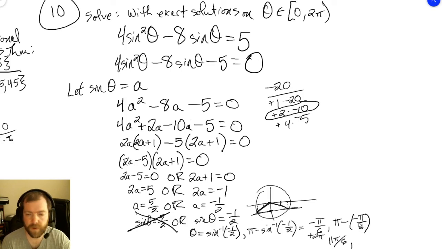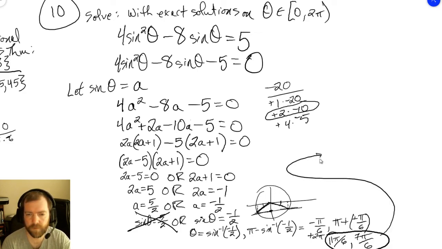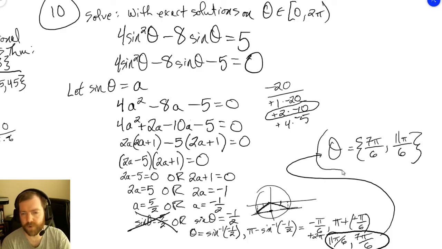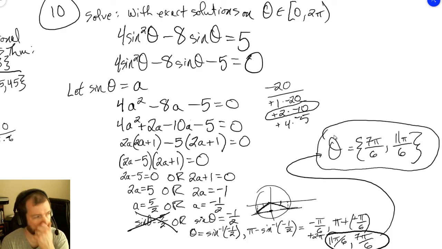Or pi minus negative pi over 6 is going to be adding. Pi plus pi over 6 is going to be 7 pi over 6. So 7 pi over 6, 11 pi over 6 are the two answers we're going to get for this particular setup.